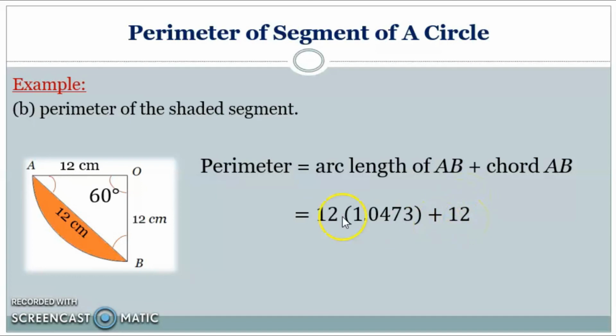By adding both the values together, the perimeter is equal to 24.5676 centimeter, or you can write your answer in 4 significant figures as 24.57 centimeter.